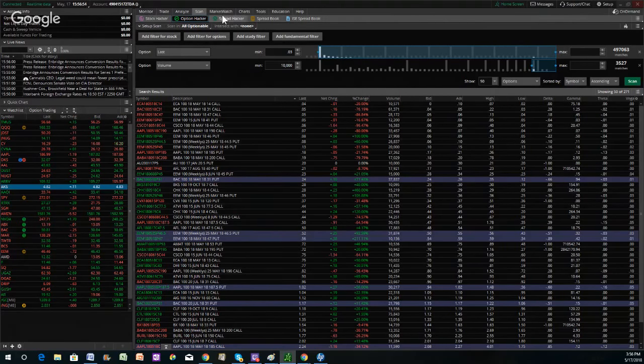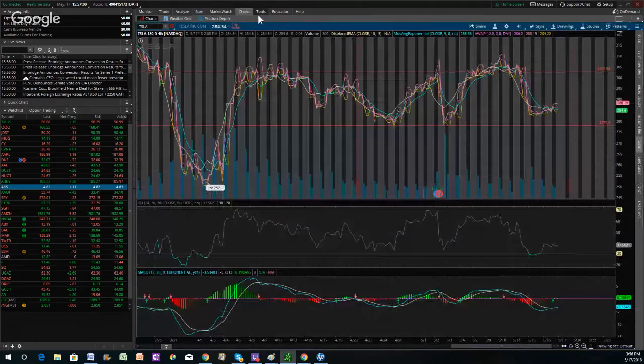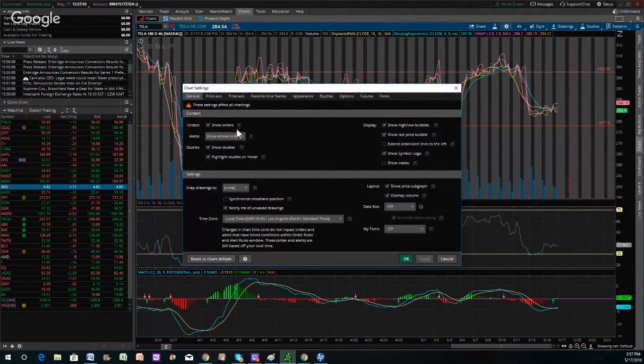Okay, so I'll go ahead and show how I set up my thinkorswim. You guys can follow that through. Let me go to the settings, and you can follow what I have on my settings.